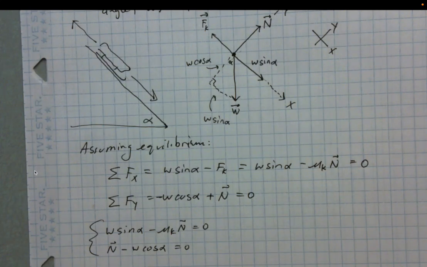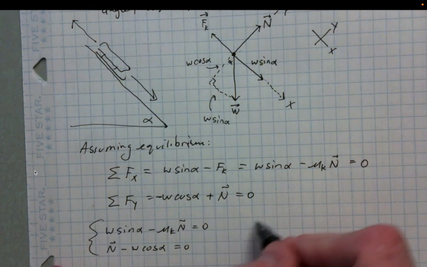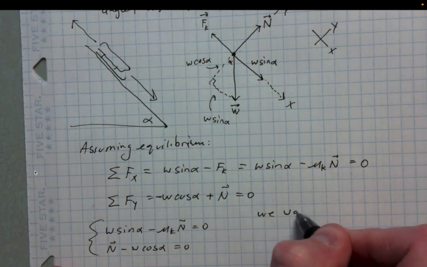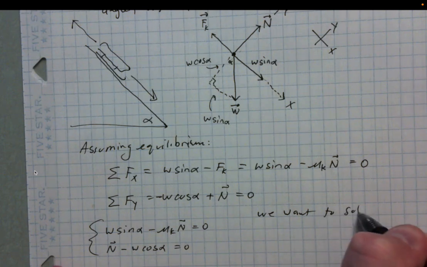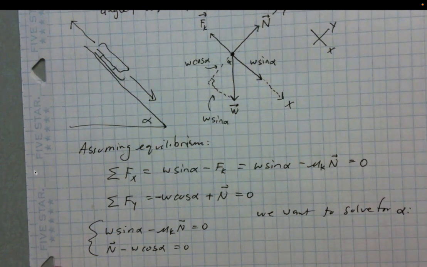Well, we're not trying to solve here. We're trying to derive an expression for alpha. Really, that's what we're after, right? We're trying to derive an expression for alpha. So we want to solve for alpha.